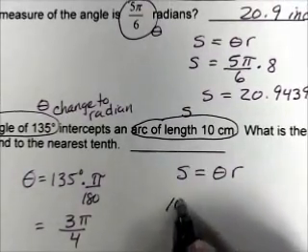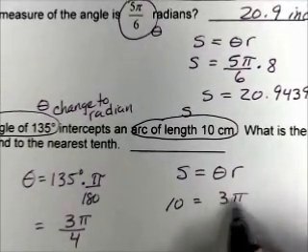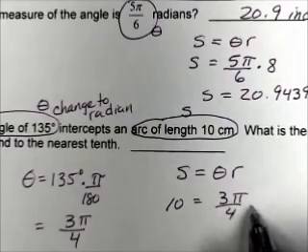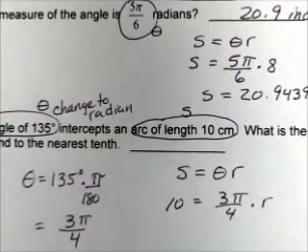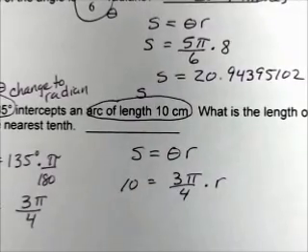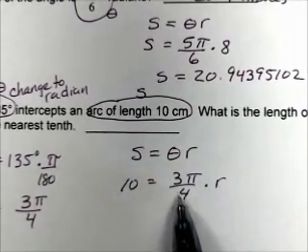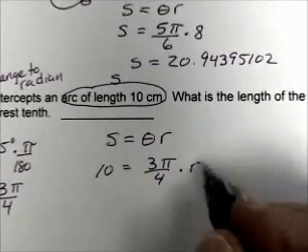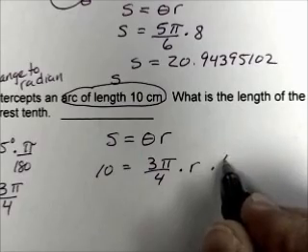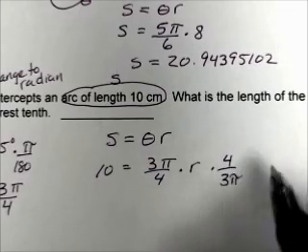So 10 is equal to 3 pi over 4 radians times r. We want to get r by itself. Instead of dividing by 3 pi over 4, multiply by the reciprocal, 4 over 3 pi.